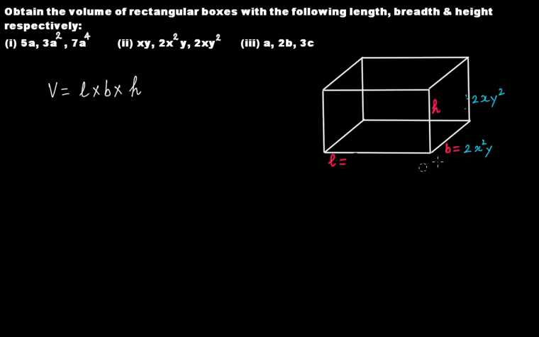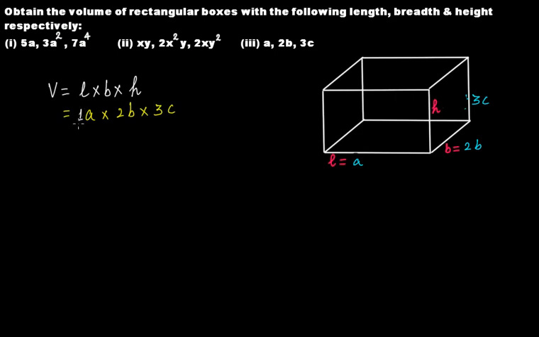Now the third case. In the third case, length is a, breadth is 2b, and height is 3c. From here, if you put these values here, a multiplied by 2b multiplied by 3c. Again, since you don't have any numerical coefficient here, it is 1 here, right?